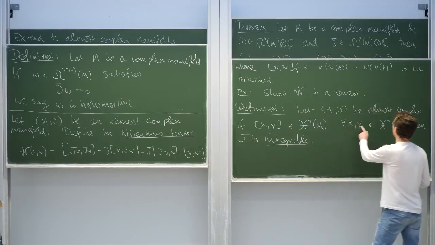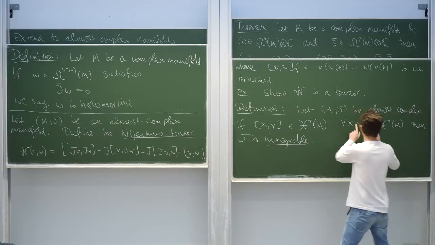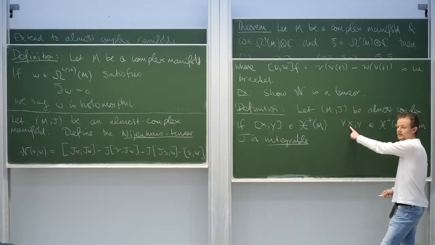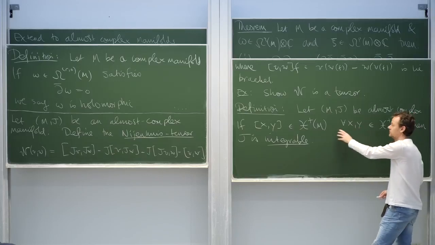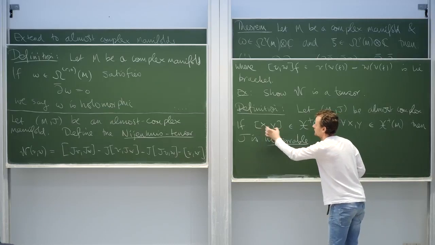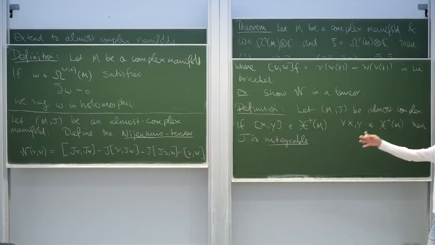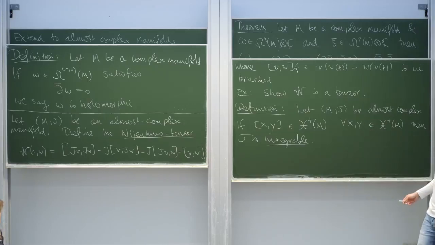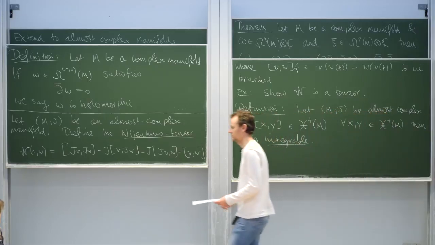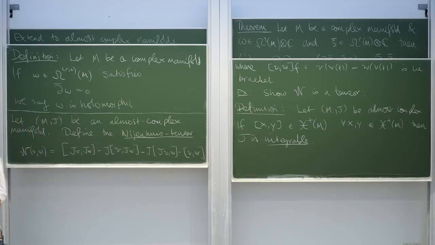So if you start flowing in the direction of a holomorphic vector field, and then you flow in another direction, then that's still the same as flowing in the direction of a holomorphic vector field. So you can extend things holomorphically by the exponential map.